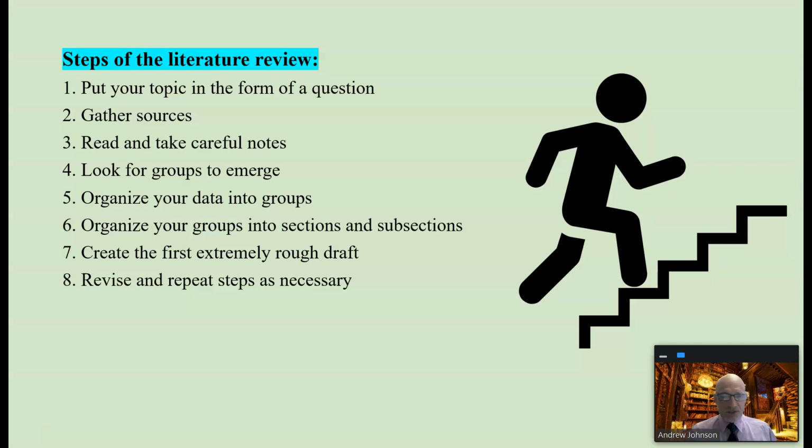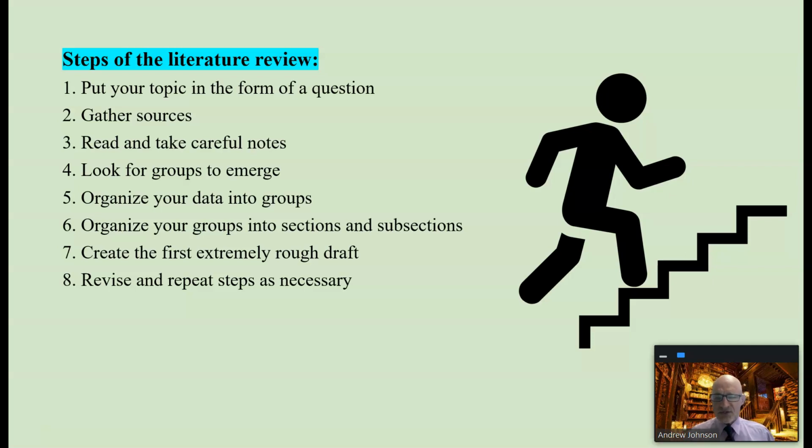Step 4, you look at your notes and you look for groups to emerge, common ideas, patterns. You organize your data or your notes into groups. This becomes the sections and subsections or headings and subheadings you will use in your literature review.